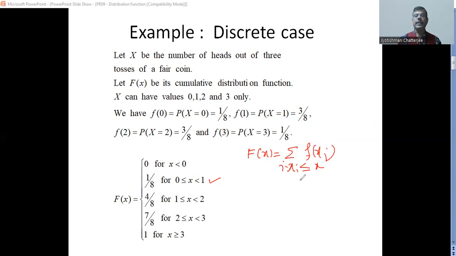So which xi's will satisfy that? The xi values are 0, 1, 2, and 3. Only the xi value 0 will satisfy this. So in this case it will be f of 0, and how much is f of 0? That is equal to 1 upon 8.